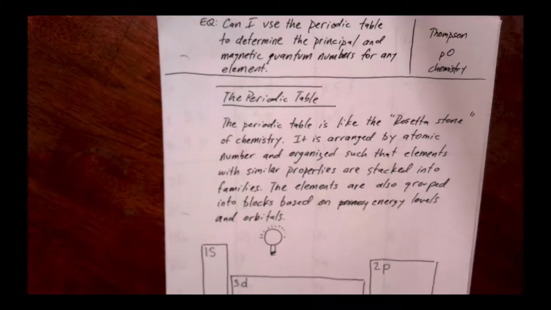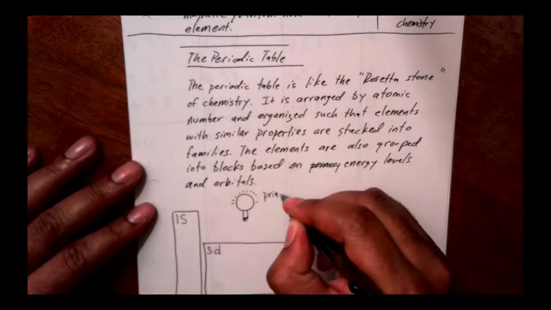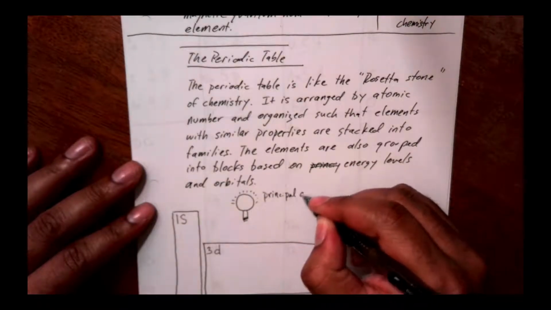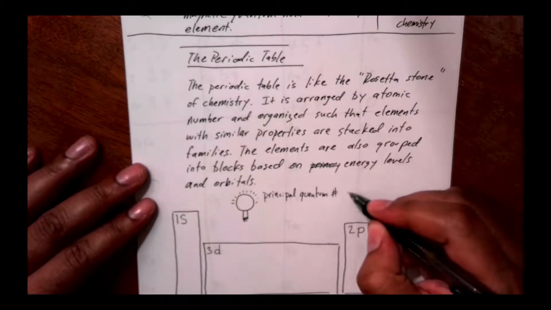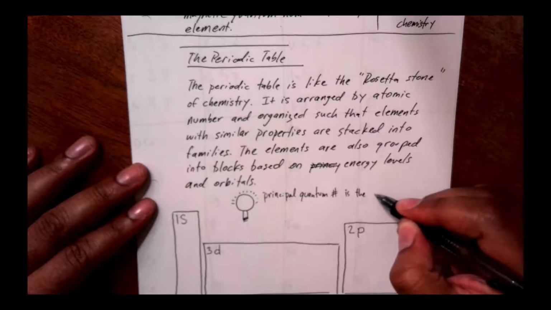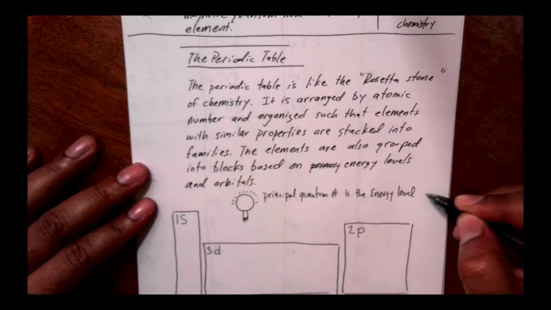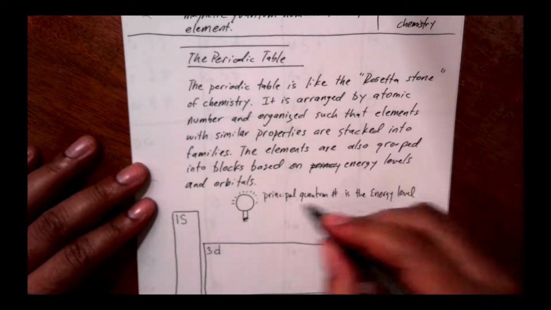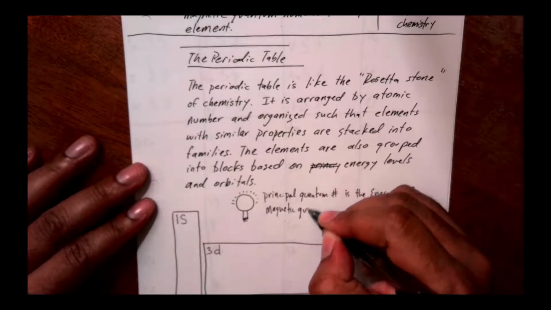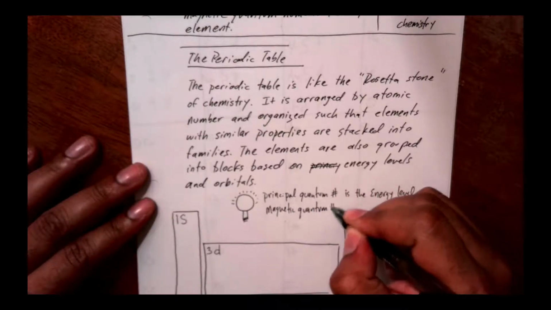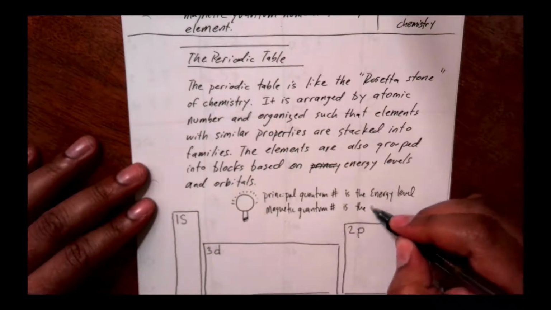And here what we want to say is principal quantum number is the energy level and the magnetic quantum number is the orbital.